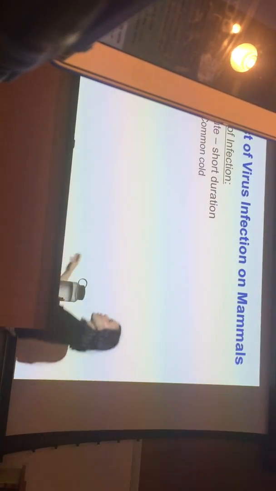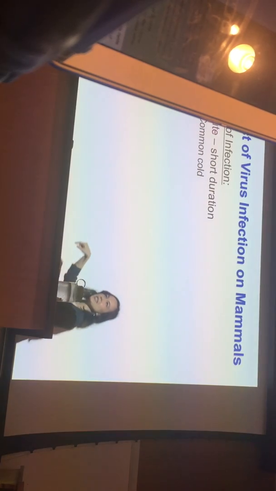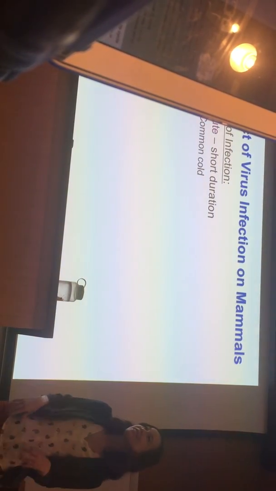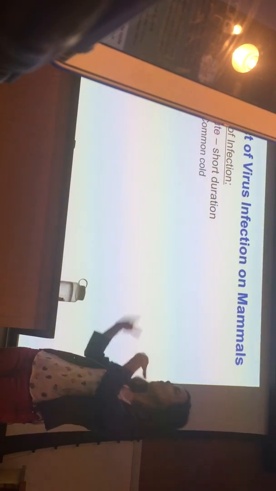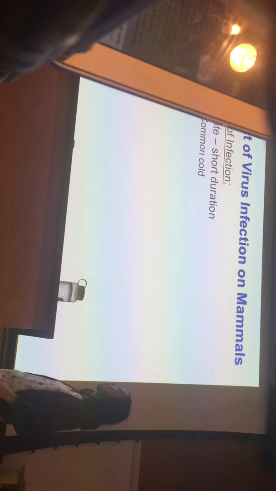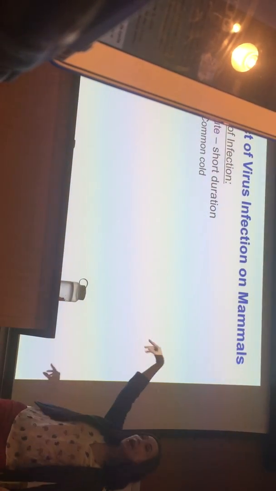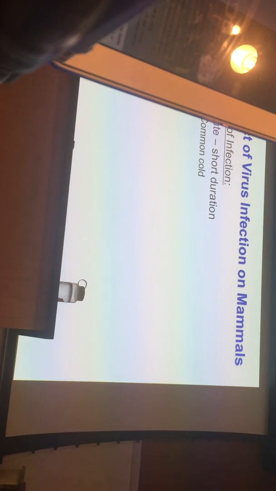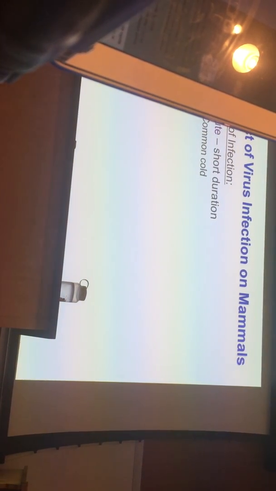We use the common cold as a good example. Usually the symptoms develop really fast, and then you recover pretty quickly thereafter. Not all viral infections are acute, though. It'd be nice if they were all acute, but a lot of them can be very persistent.